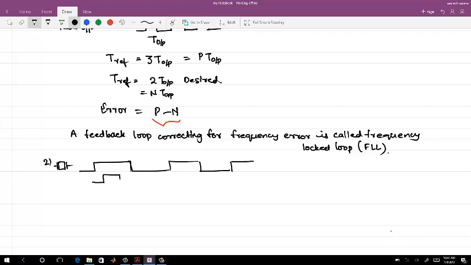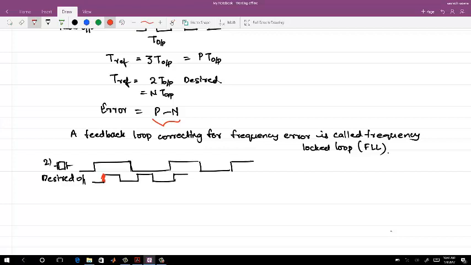I wanted twice the frequency. I did the FLL loop and I applied the control in the FLL and I got the twice-frequency desired output. Now what happens is, because I told you there is thermal noise in the system, this edge will actually vary.